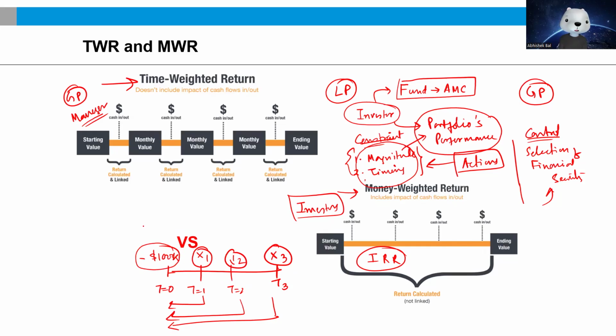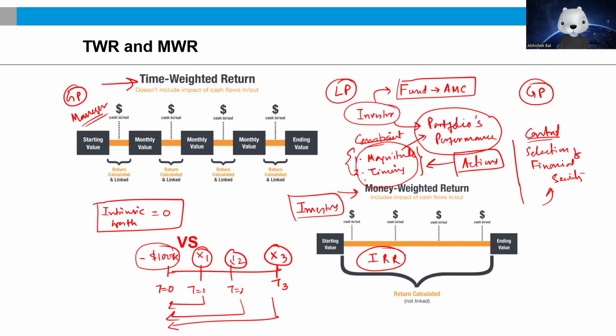In other words, if you recall the concept of the intrinsic worth of a given investment, when I said that if the compounding rate and the discounting rate are the same, of course, your intrinsic worth is going to be zero. So IRR is basically that rate of return which makes the intrinsic worth of a given investment equal to zero.